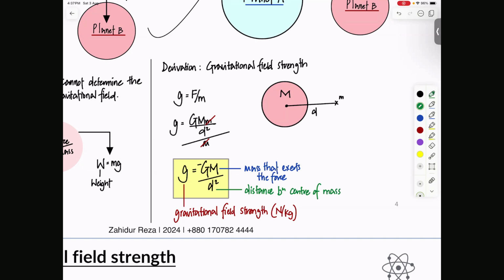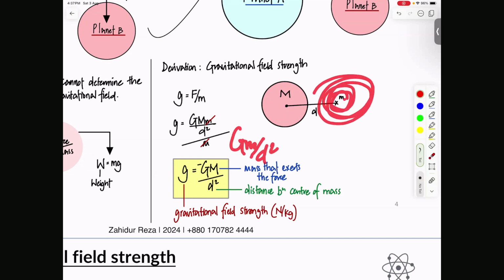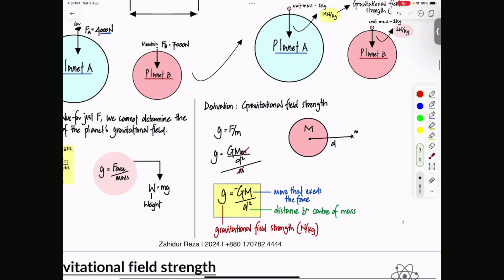If it's GM by d squared, then it would be the force exerted by the small mass. Yeah, exactly. So if you used small m, as in G small m by d squared, then you could find its gravitational strength. You're right. So yeah, that is the equation.